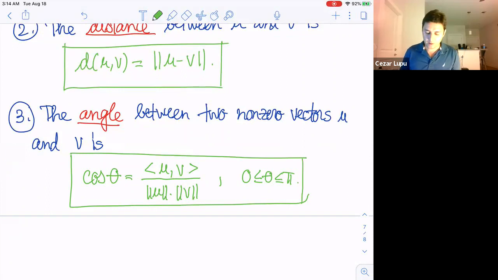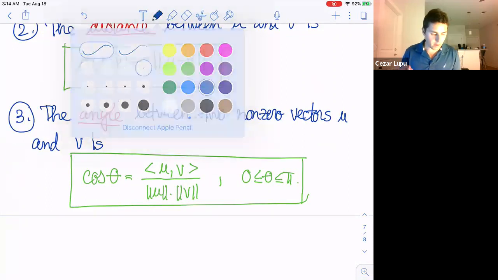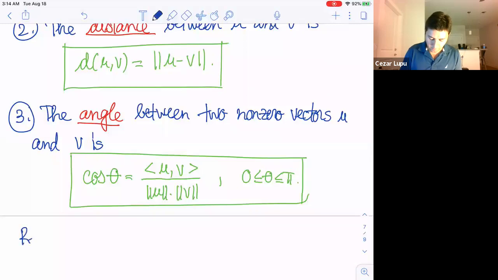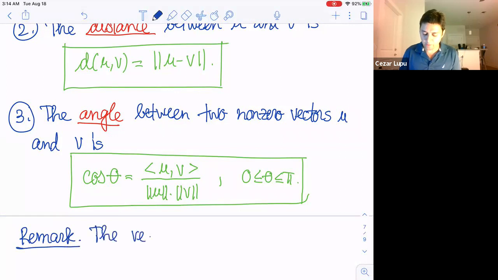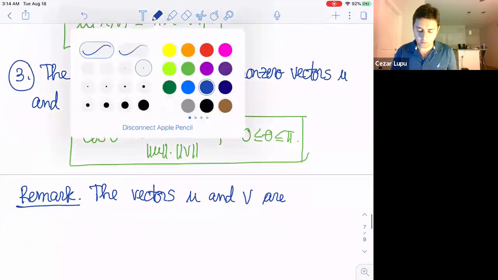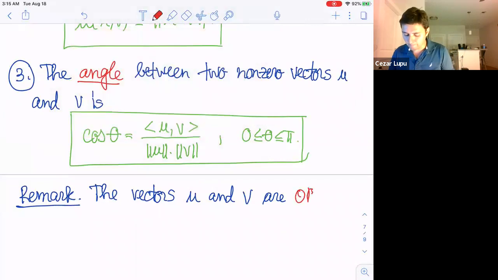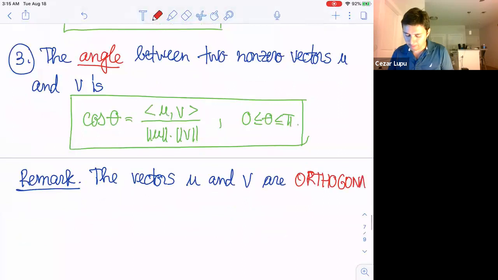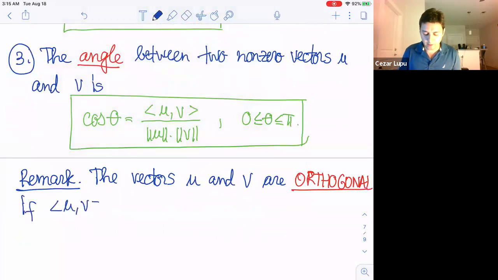Okay. And now I want to mention one other thing, a remark. The vectors u and v are called orthogonal if, guess what, the inner product between them is 0.